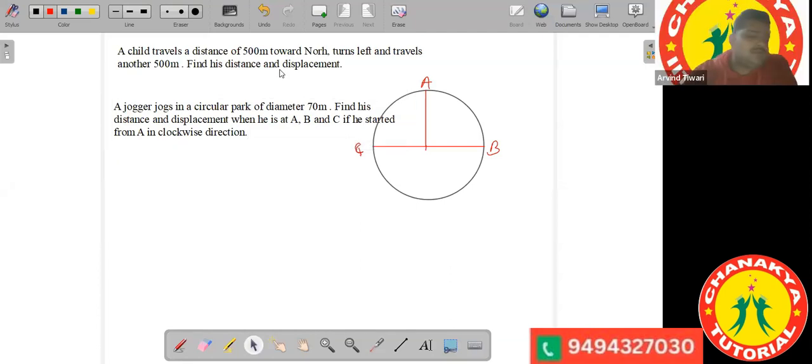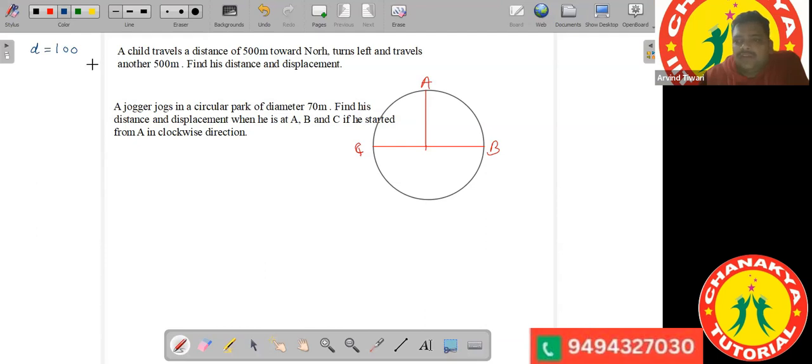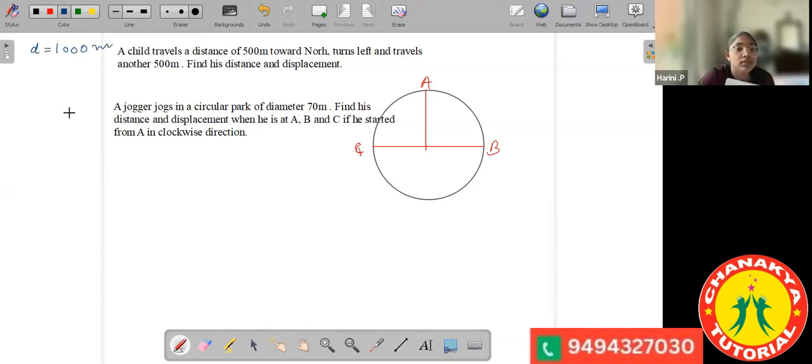So for this one, what are the different answers that are being obtained? Harini, what's your answer? So for distance, I got 1000 meters and displacement, I'm getting 707 point something. Okay, your distance is 1000 meters.